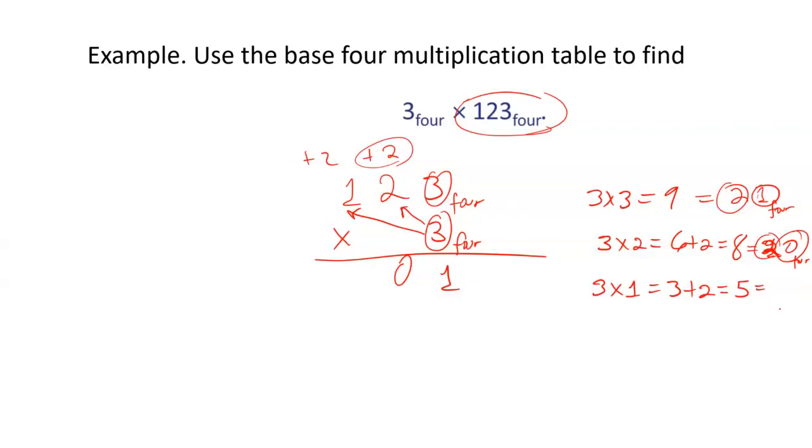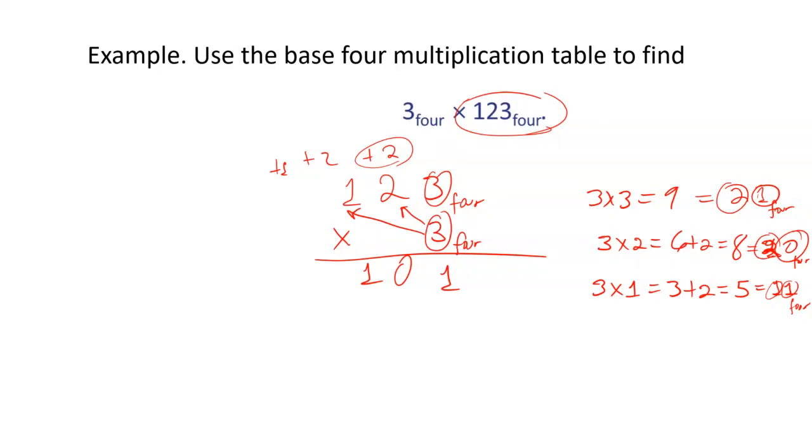And 5 in base 4 is 1, 1. Sorry, I keep confusing my bases. Because if I have 1 four and 1 one, 4 plus 1 would give me 5. At this point, I could just put both of them because even if I were to carry it onto the next place value, there's nothing to multiply.